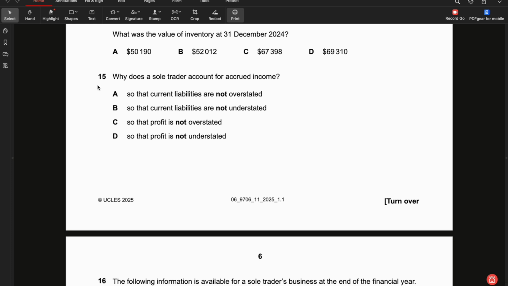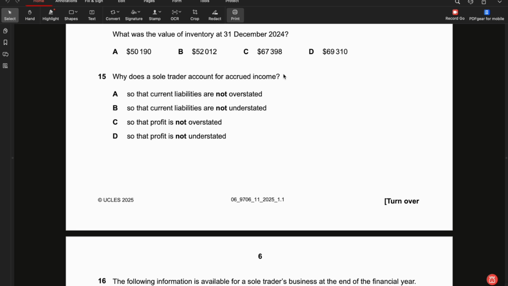15. Why does a sole trader account for accrued income? Accrued income is the income that we already earned, but we have not received the payment yet. So that means when we calculate my total income, I should include it as my income even though I have not physically received money.